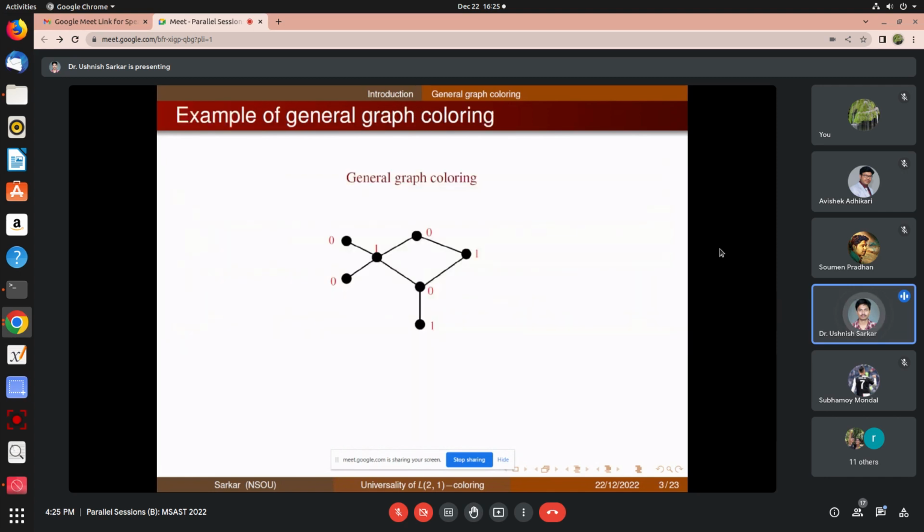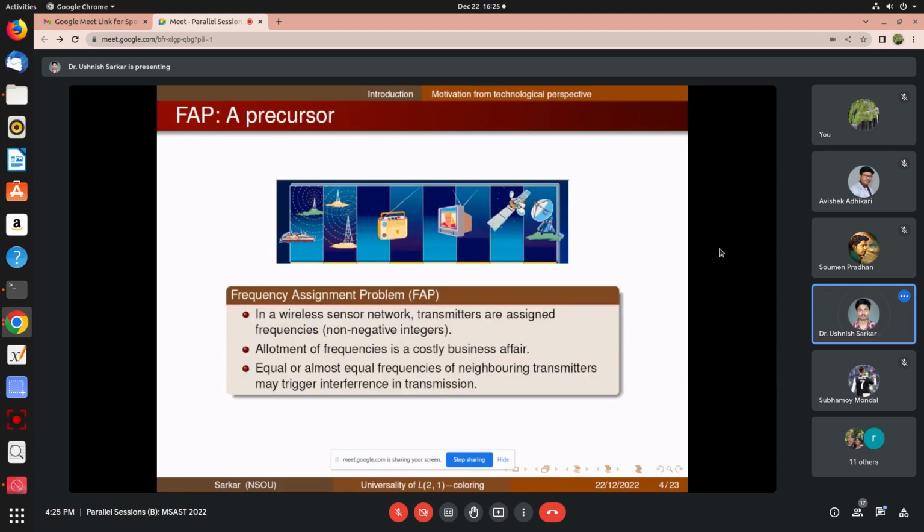So here's an example of the general graph coloring problem. As we can see, this graph is colored with just two distinct colors, 0 and 1, or I can also say 1 and 2, and here the chromatic number is 2.